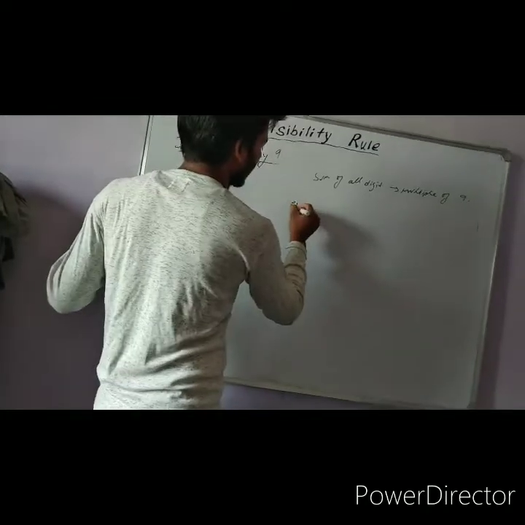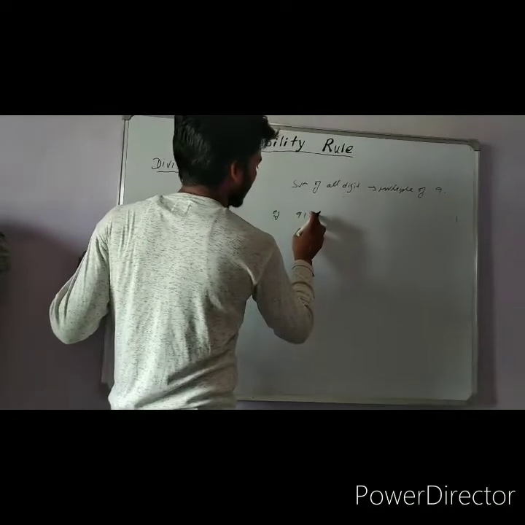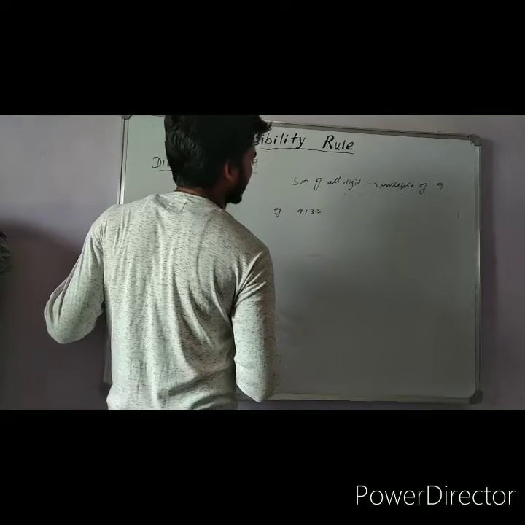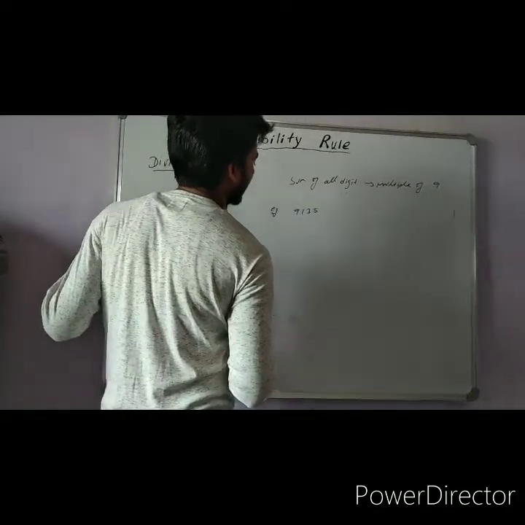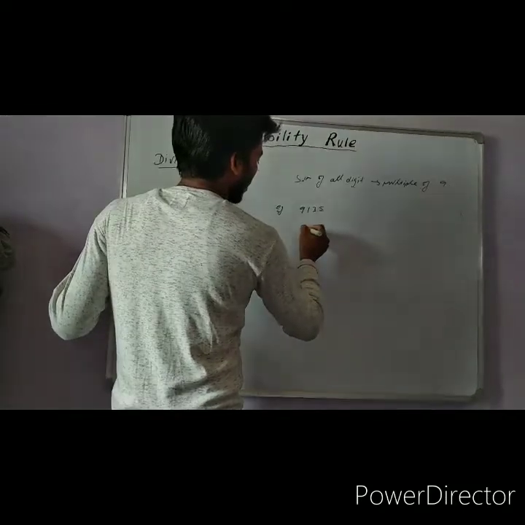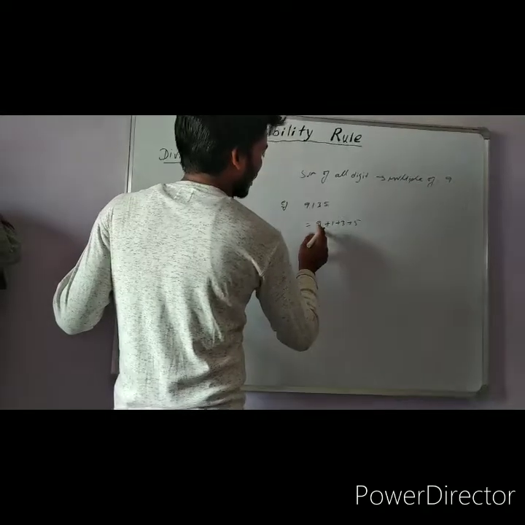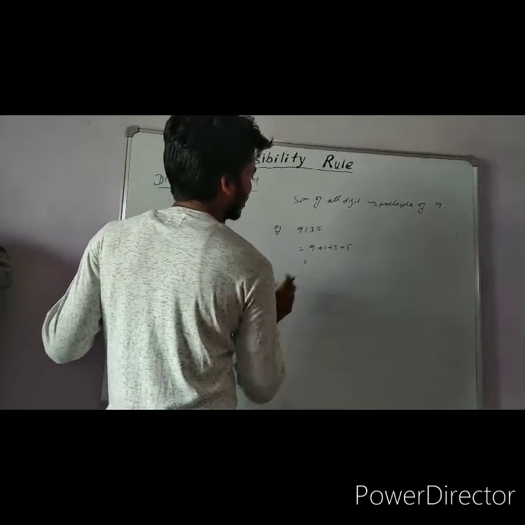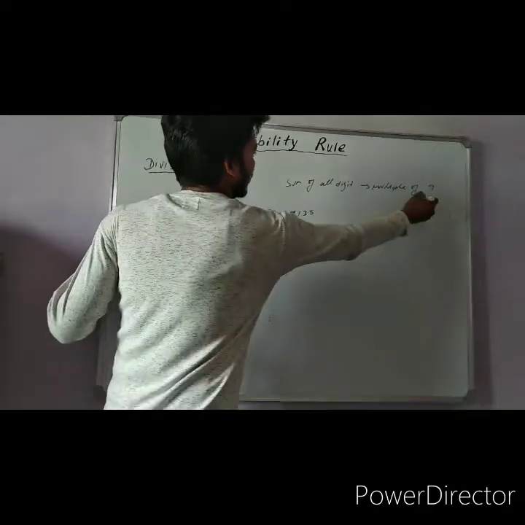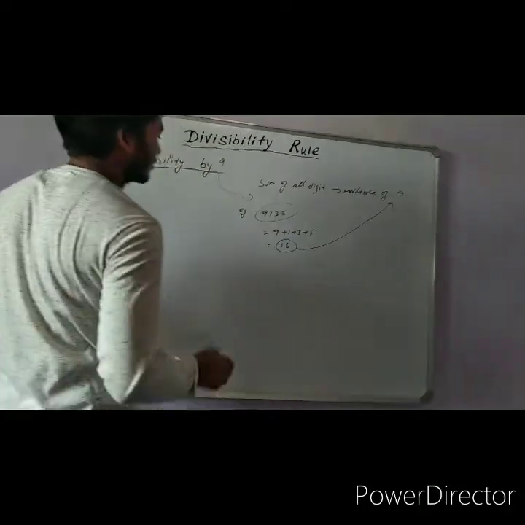For example, 9135. Add all digits: 9 plus 1 plus 3 plus 5. This is 9, 10, 13, 18. Since 18 is a multiple of 9, therefore this number is divisible by 9.